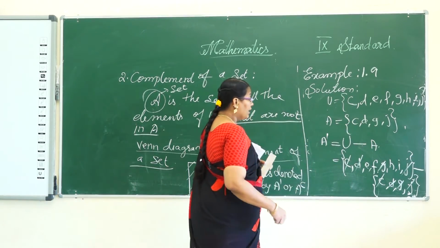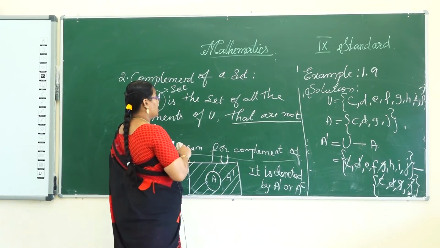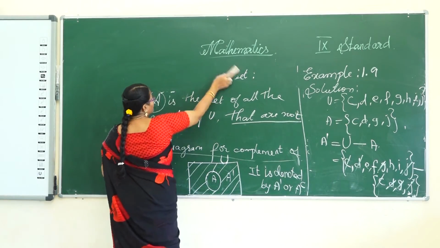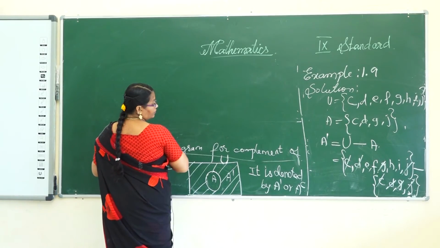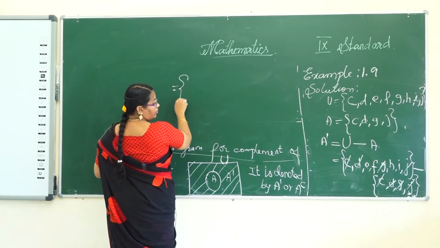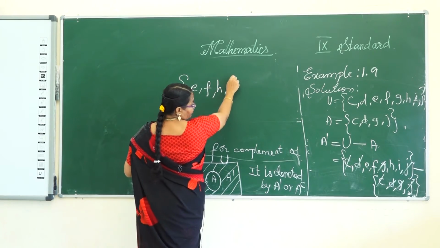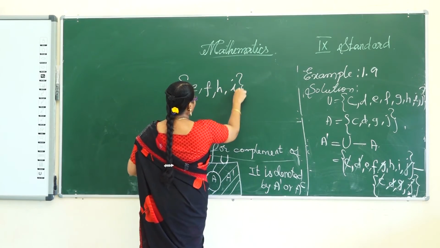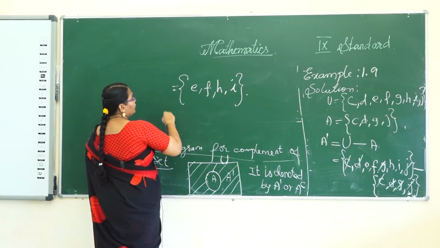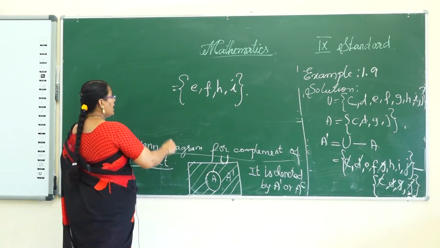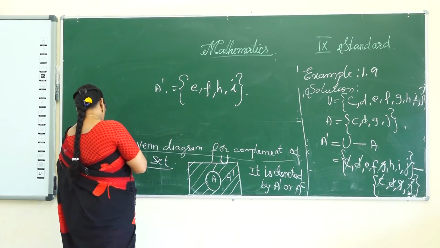So what are the remaining elements in the universal set U? E, F, H, I. So the A dash value is E, F, H, I.